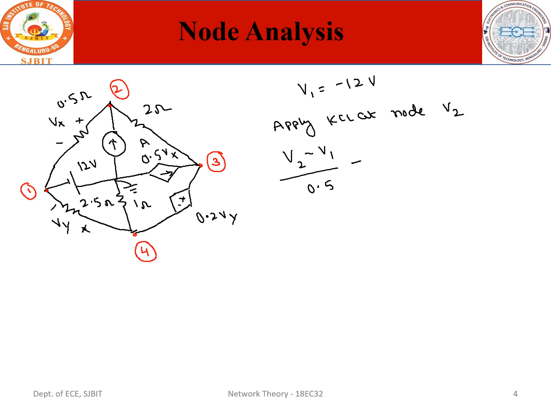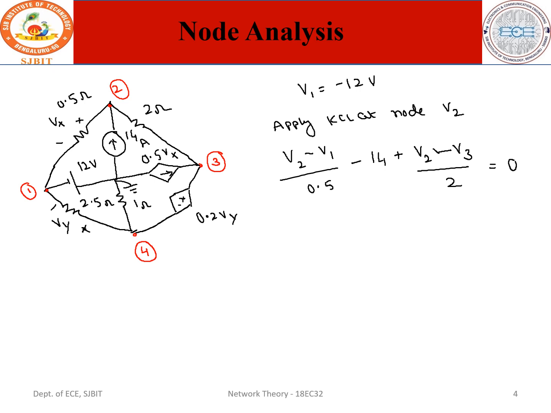In the exam they give the value as 14 amps. V2 minus V1 by 0.5 plus the current entering the node, therefore it is minus 14 plus V2 minus V3 divided by 2, that is equal to 0.